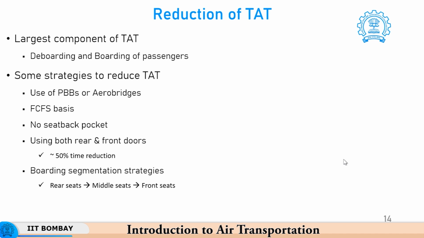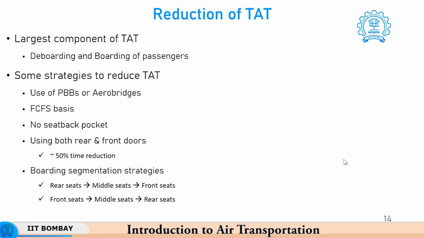But if they do not, you can allow the executive class, or the passengers who have certain privileges, to sit first, and then you can zone the aircraft into zone 1, zone 2, zone 3, etc. and you first fill the people in the back so that there is no disturbance to the other passengers. Once the rear seats are filled up, you can say the middle seats are now open to be filled up, and then the front seats.